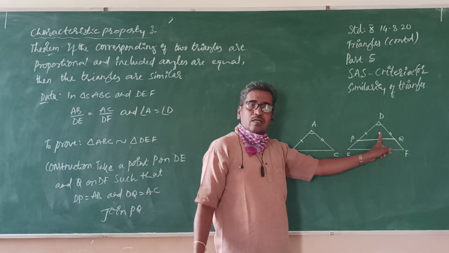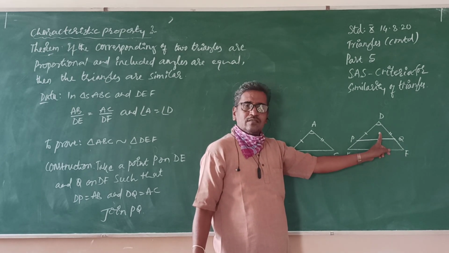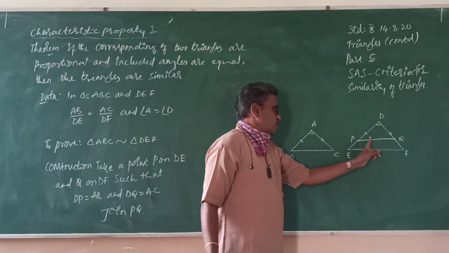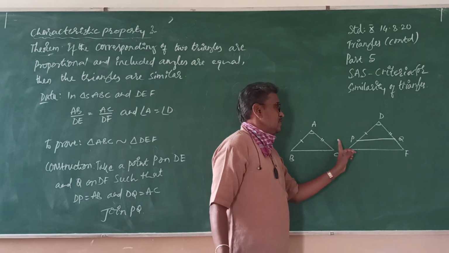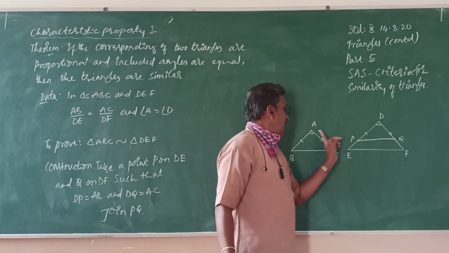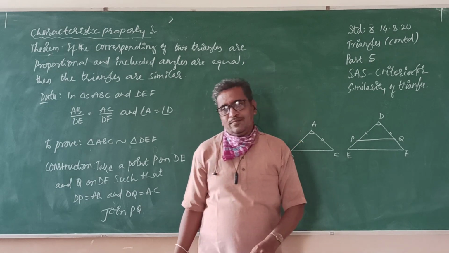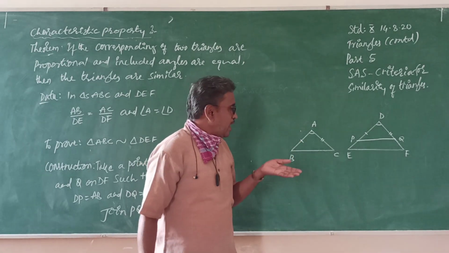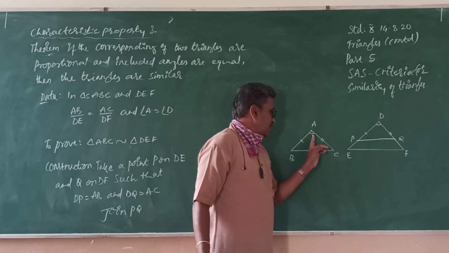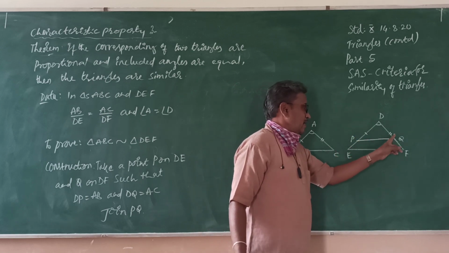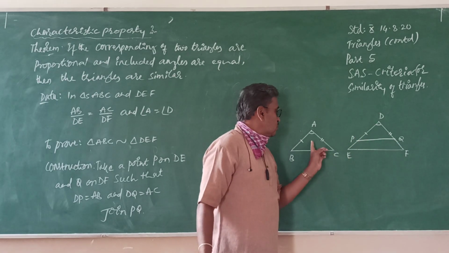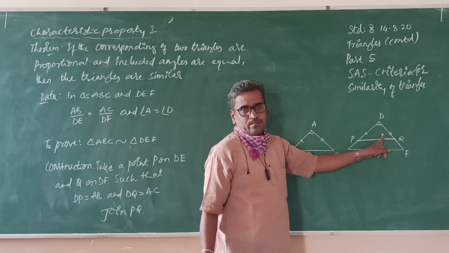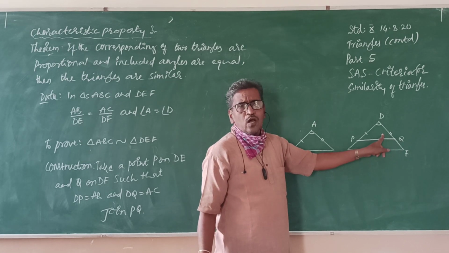Already what you learned in your previous standard: AB is equal to DP, AC is equal to DQ, angle A is equal to angle D. So by side-angle-side, these two triangles are congruent.